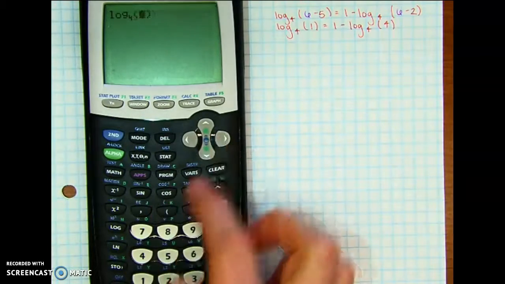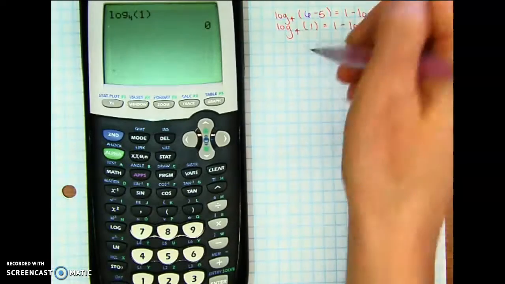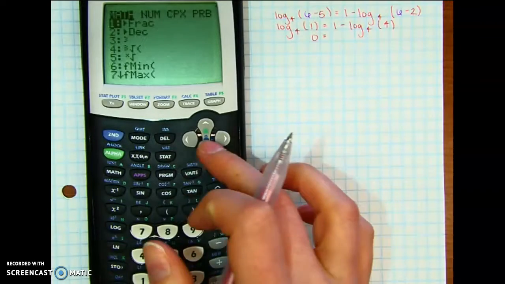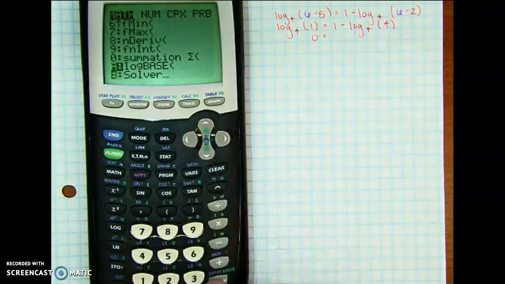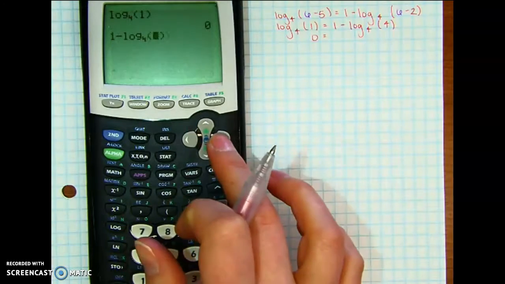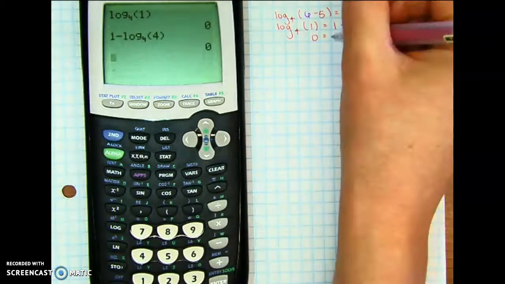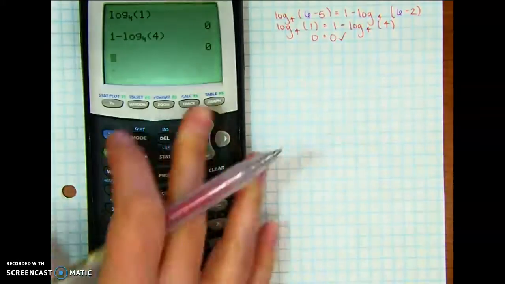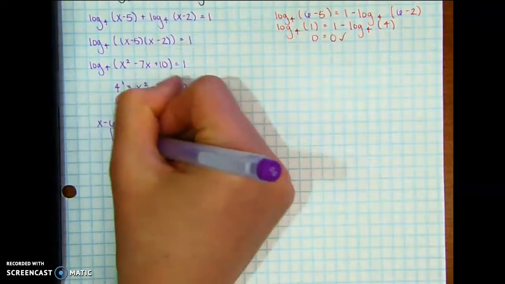So log base 4 of 1 is 0. And then I could do 1 minus, and then I need to go back to math, back to log base 4 of 4. So I've confirmed again, but you could stop here. So it looks like 6 is in fact a solution.